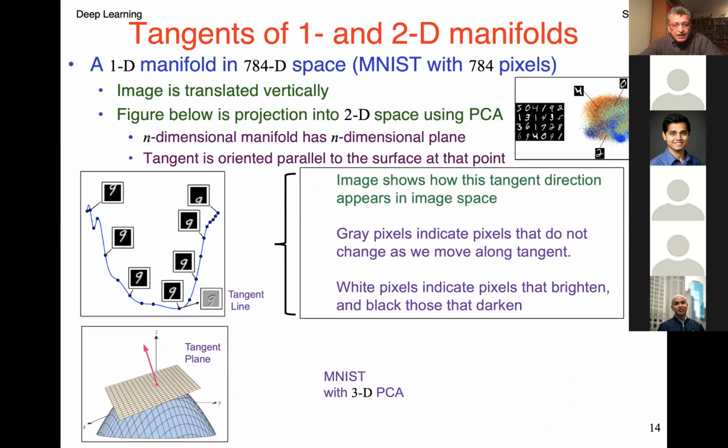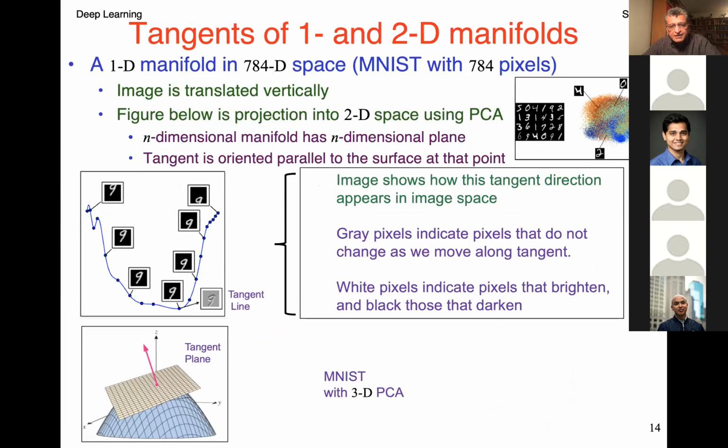All right, so continuing on this idea, tangents of one and two dimensional manifolds, a one-dimensional manifold in 784 dimensional space. If you have MNIST handwritten digits, which are 28 by 28, that is 784 pixels.